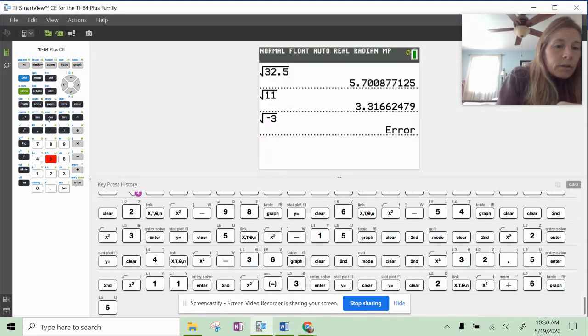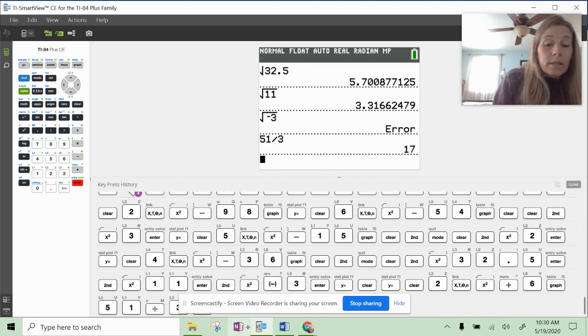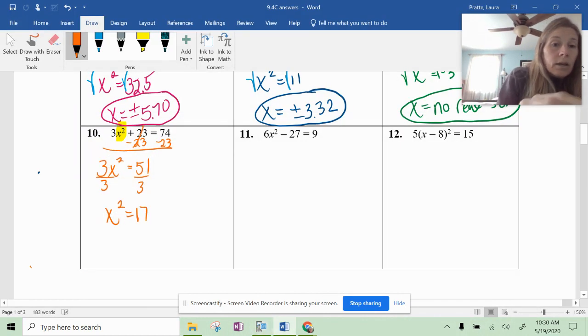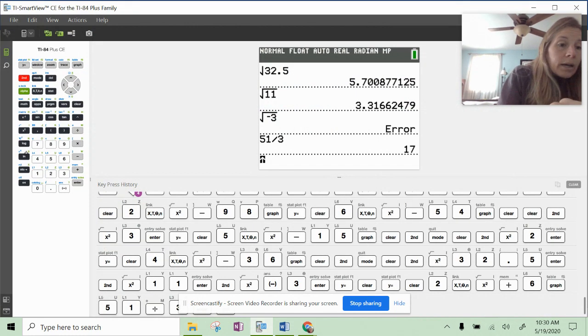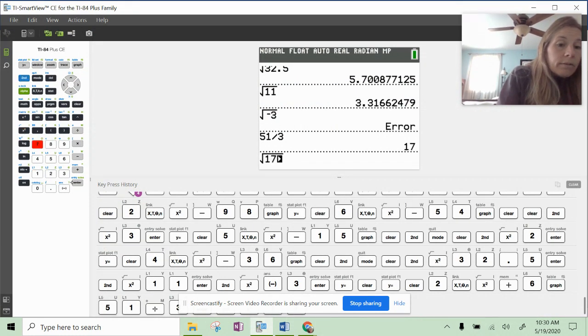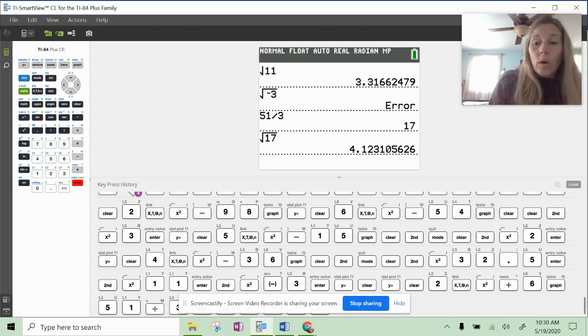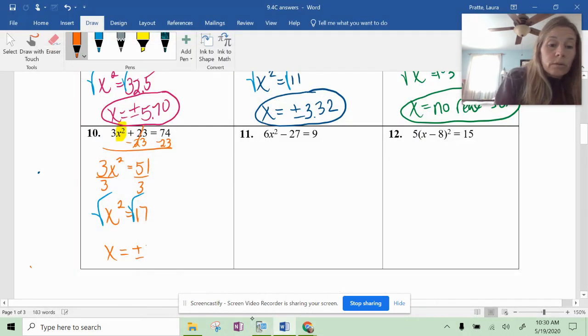So if you do 51 divided by 3, you get 17. And then you need to do the square root of 17. So x is going to equal positive or negative, what do I get when I do my square root of 17? 4.12. So positive or negative 4.12.